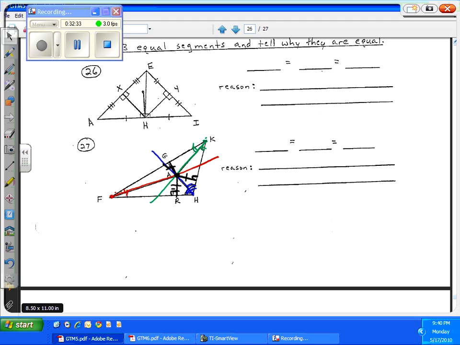So segment AG is equal to segment AR, which is equal to segment AI, because the bisectors of the angles of a triangle intersect at a point equidistant from the sides of the triangle.